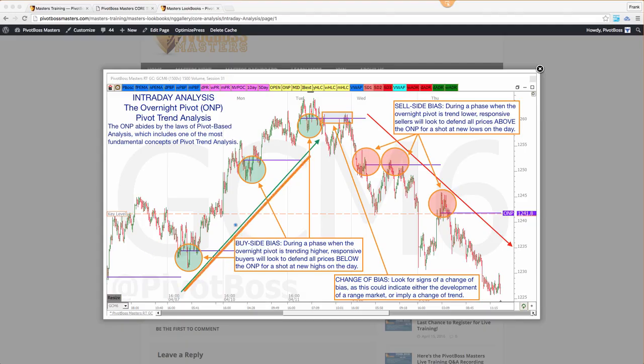If a market's trending up, you want to buy pullbacks, right? If a market's trending down, you want to sell pullbacks. And so again, being able to identify what those pullbacks look like in a footprint chart helps. Just being able to identify what they look like with regards to a pivot-based indicator really helps, because again, you can see the indicator trending up, you can see rotations below it being defended, and those make for great opportunities on any given day.